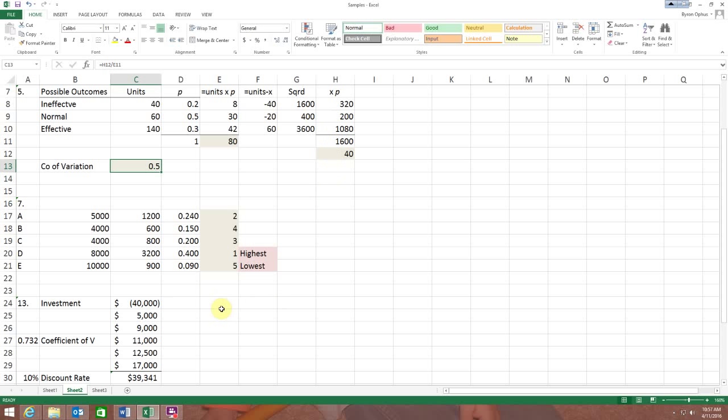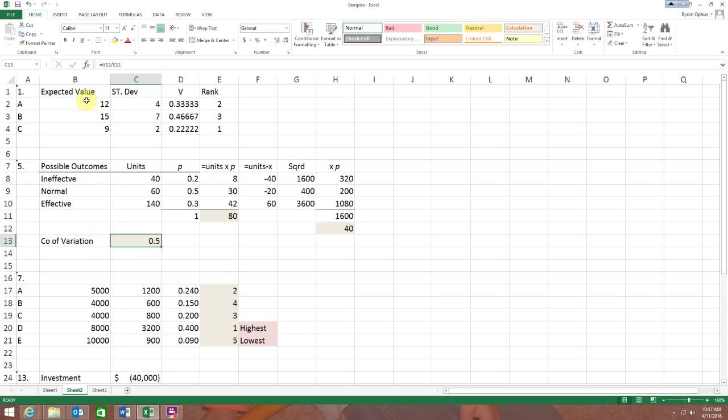So, going on to number 7. Number 7 says five investment alternatives have the following returns and standard deviations. This is just like your number 8. It says using the coefficient of variation, rank the five alternatives from the lowest risk to the highest risk. So really it's just like number 1 again.